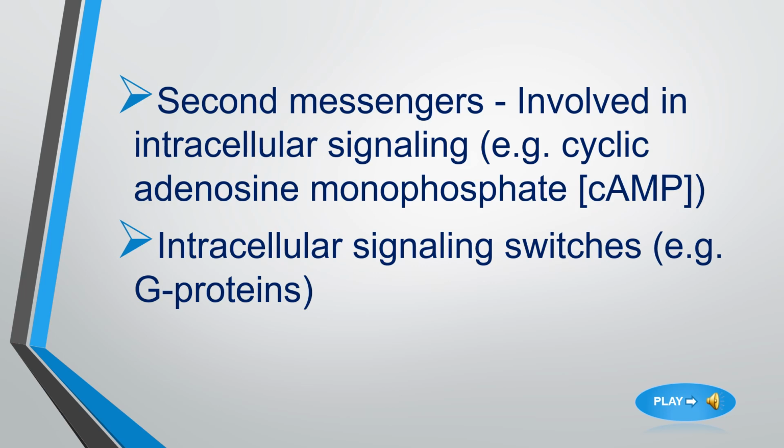Cyclic AMP activates protein kinase A, which catalyzes phosphorylation. These phosphorylation and dephosphorylation reactions regulate glycogen metabolism, as we already studied.